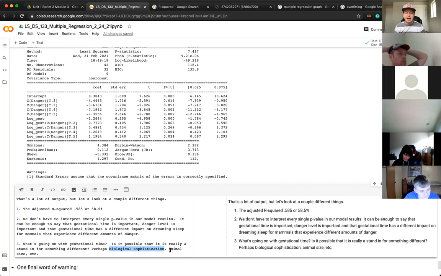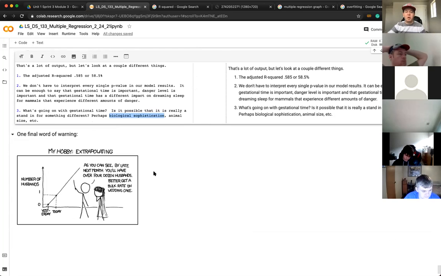Okay, but yeah, we've learned to improve our model, include more terms, and evaluate whether those terms have improved what's going on. All right. So again, one final word of warning: still be careful about extrapolating. Be careful about interpreting that intercept unless it falls within the range of your data set.